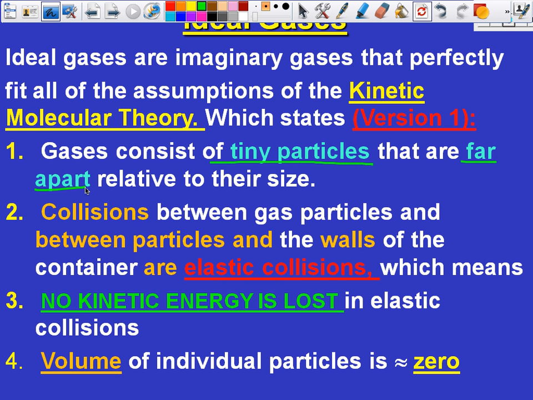Number 2, collisions between gas particles and other particles, and the walls. It's not just between the gas and the gas. It's actually between the gas and the wall as well. Really important. Are what we call elastic. That's your key word. If you're looking for a word to highlight, that's definitely the one I would be highlighting.